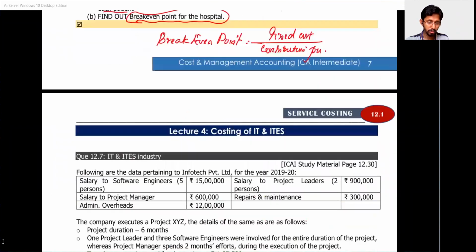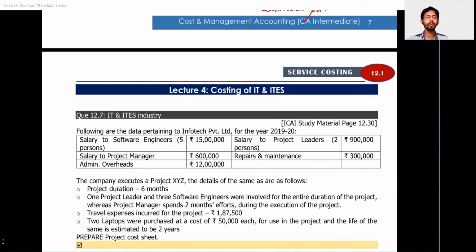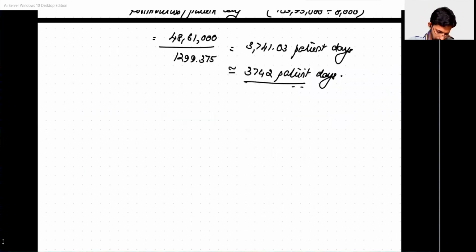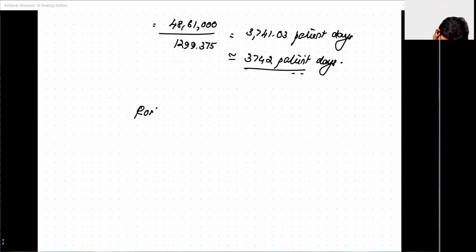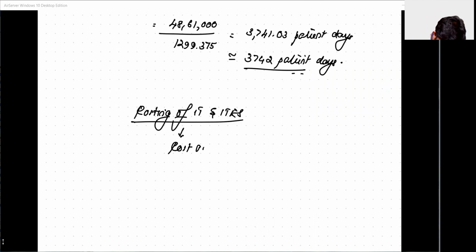Now we have to move to the next one, that is the costing of IT and ITES. Okay, costing of IT and ITES. Here, when you come to the IT and ITES, the cost object will be any project.